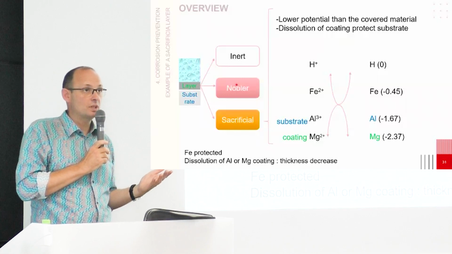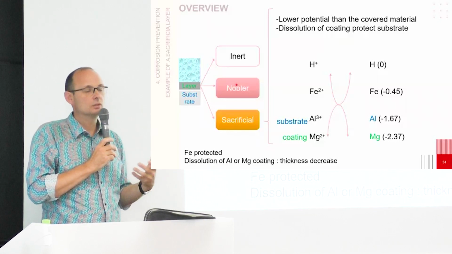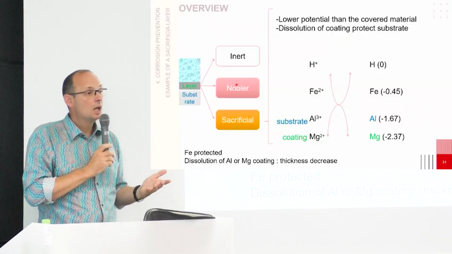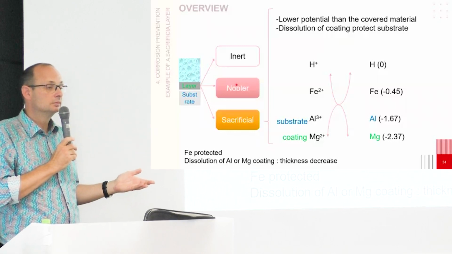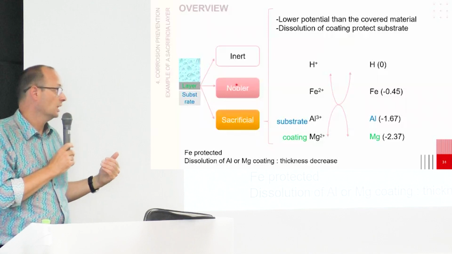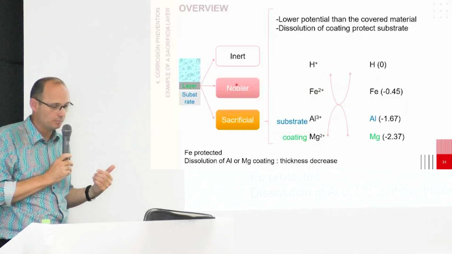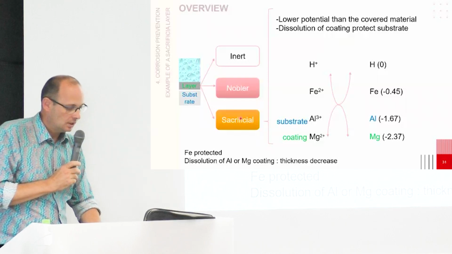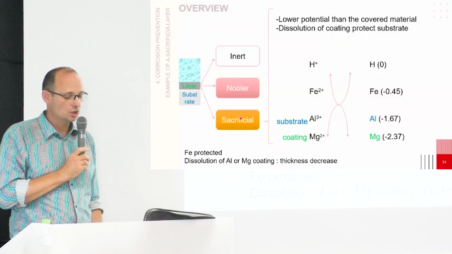I can have, for example, carbon steel, which corrodes quite a lot in general corrosion. And if I put a stainless steel coating on it, I will avoid the general corrosion of the carbon steel.